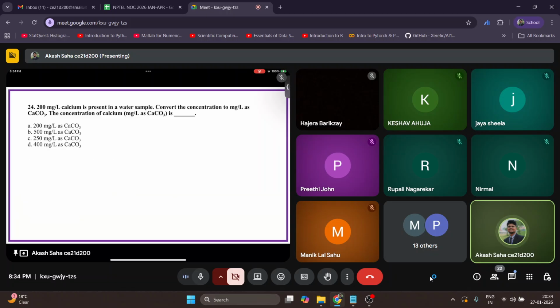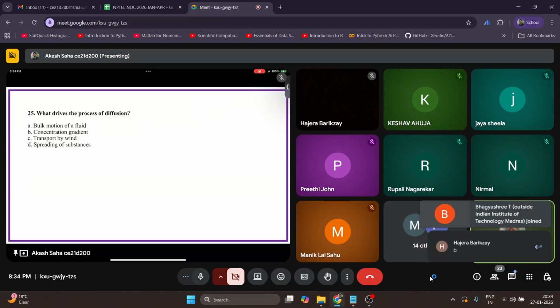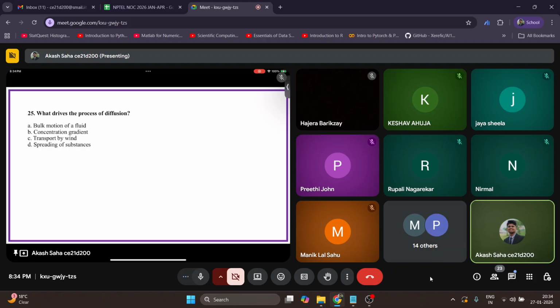We'll move forward. What drives the process of diffusion? Bulk motion of fluid, concentration gradient, transport by wind, or spreading of substances? B. We have discussed this enough. So concentration gradient is the driving force of diffusion.